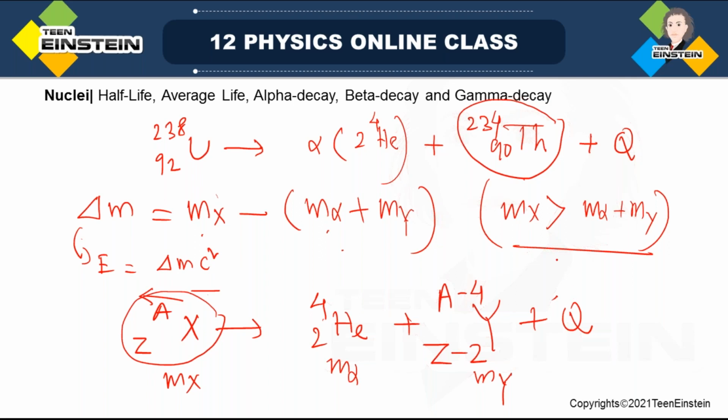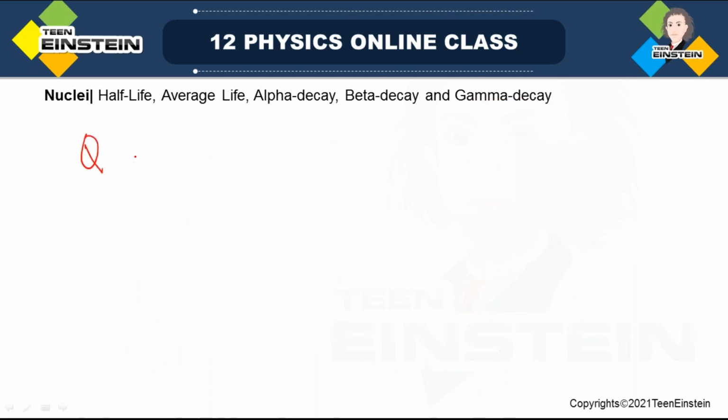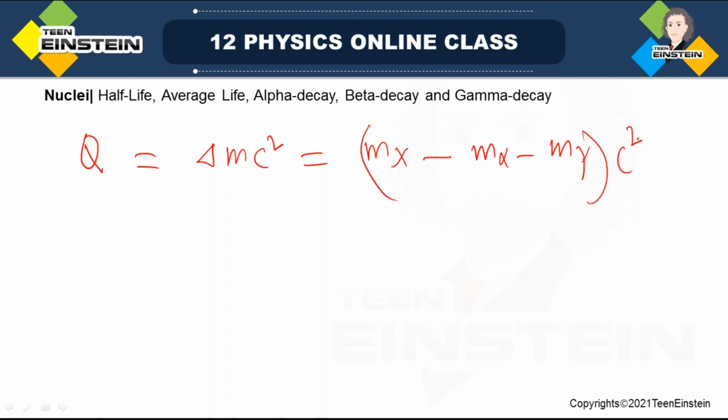And what is the Q value? It is delta m c square, the difference in the mass of the parent and the product nuclei, into c square. This gives rise to the Q value.